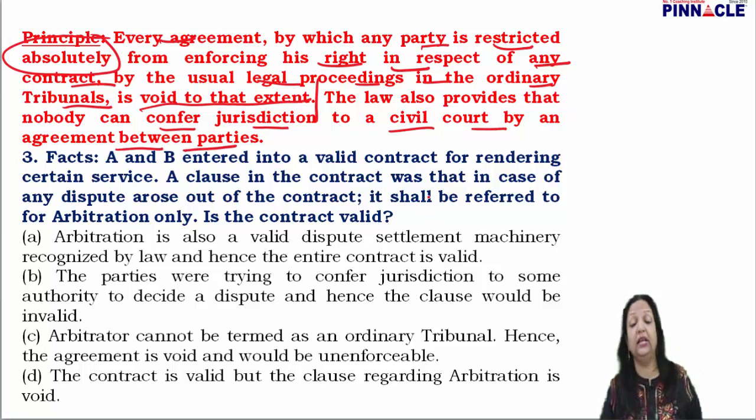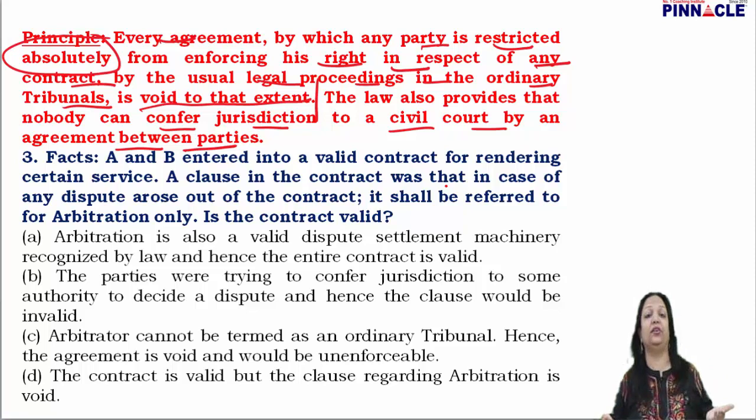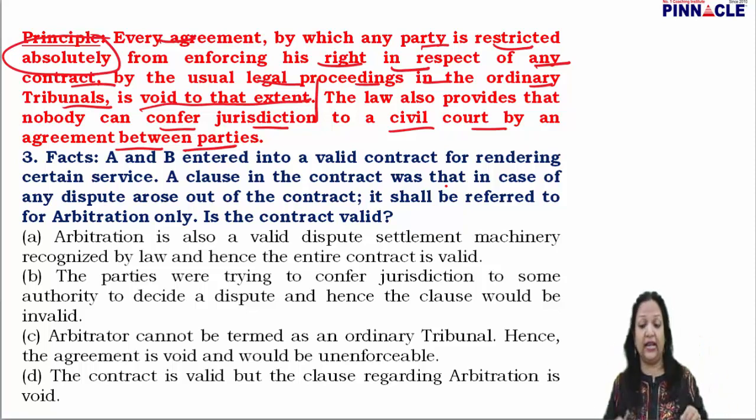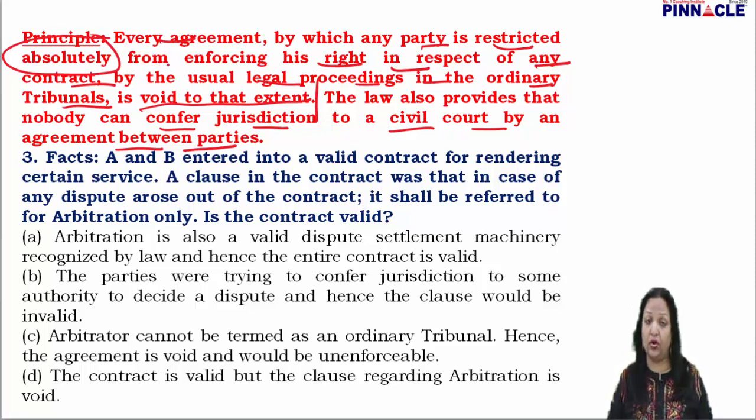What do you need to understand here? See, suppose you and I are making a contract, and in that contract there is a clause that none of us can approach the court. Okay, there is absolute restriction. Suppose something goes wrong, it says even if anything goes wrong, we cannot approach the court.